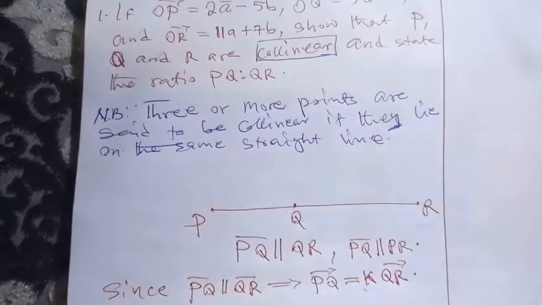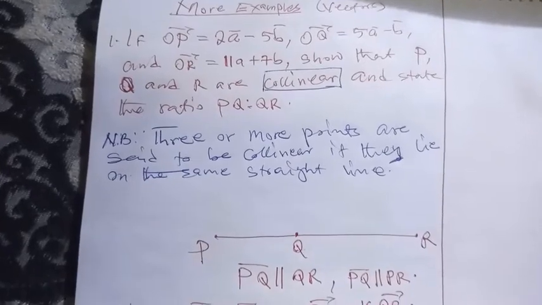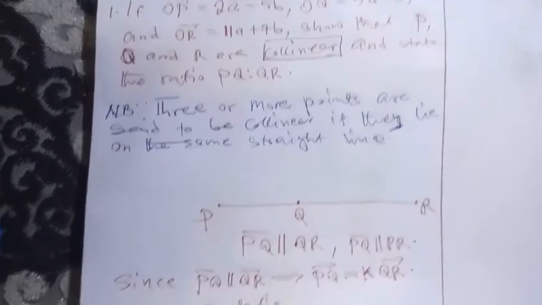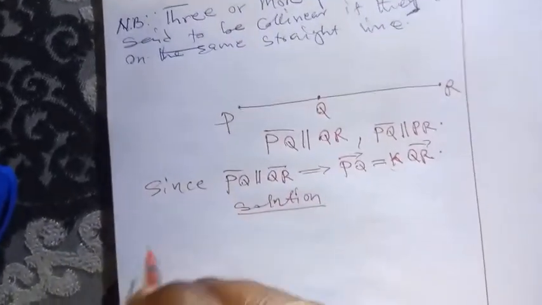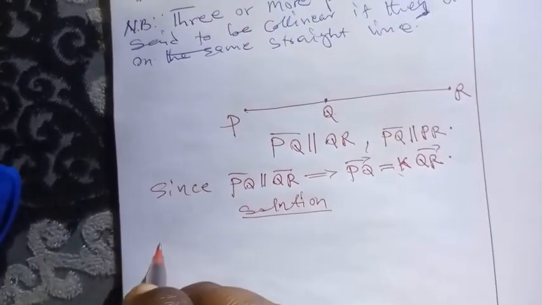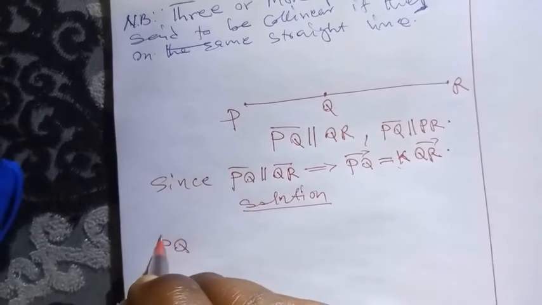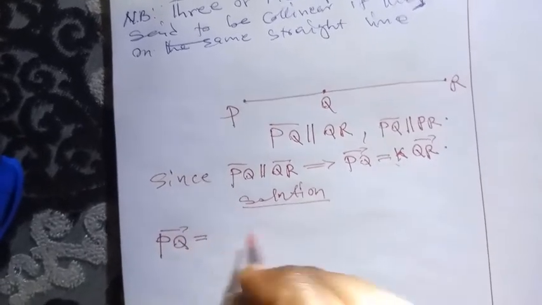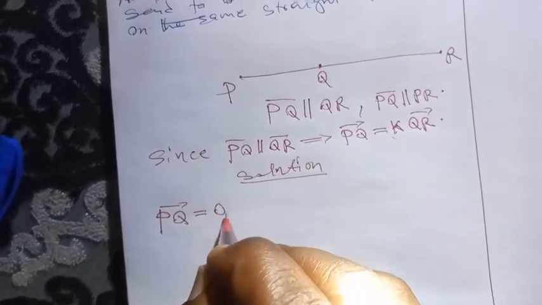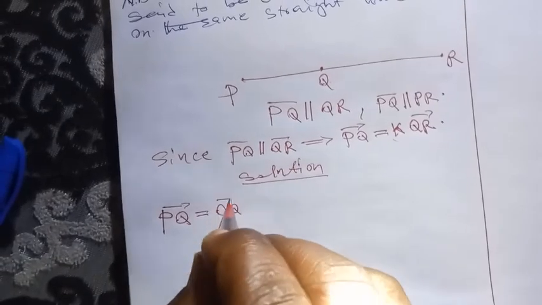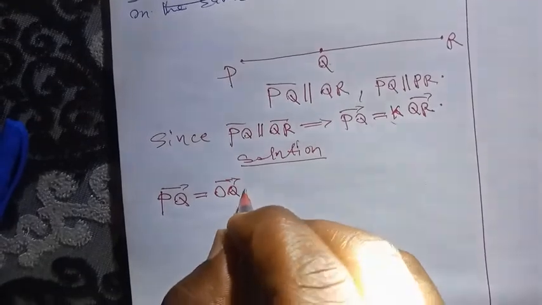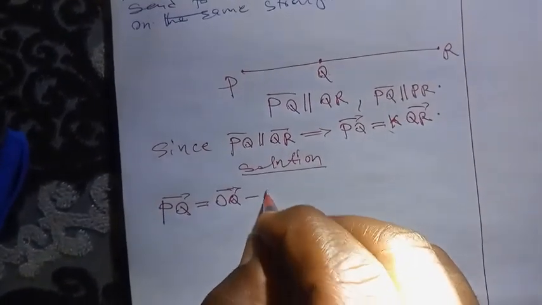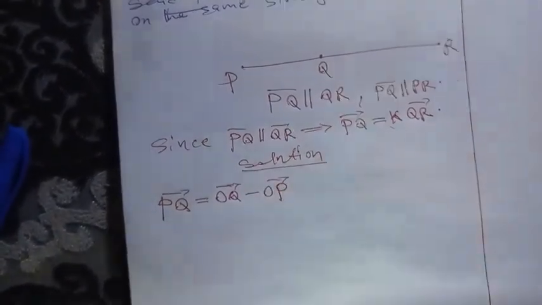All right, let's see the solution. I said vector PQ is always the same thing as vector OQ minus OP, writing it in terms of the position vectors.